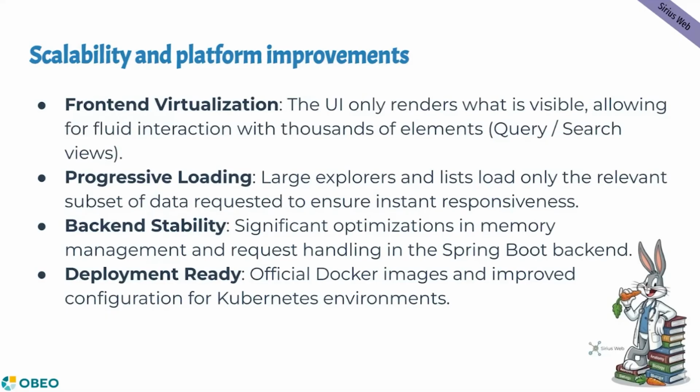Large explorers and lists also use progressive loading, so only the relevant subset of data is fetched at a given time. And on the backend side, memory management and request handling were also optimized, while deployment was made easier with the official Docker images and improved Kubernetes-oriented configuration.